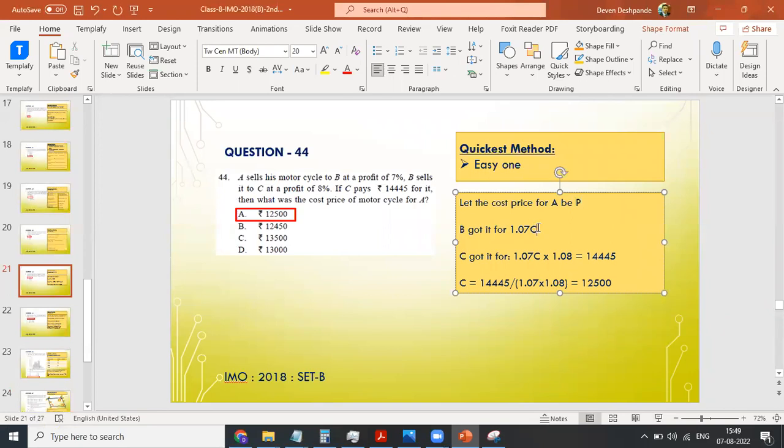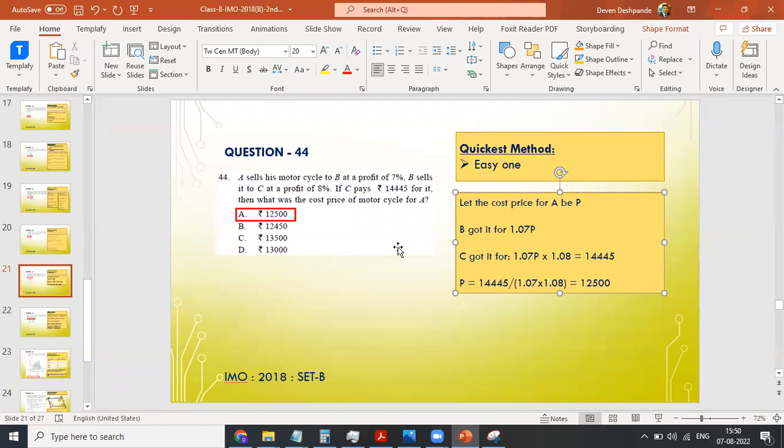And B got it for 1.07P, because A sold it at a profit of 7%, so it is higher. And C got it for 1.07 times P into 1.08, because B sold it for 8% profit. So 1.07 times P into 1.08, which is the selling price for C, which is 14,445. So then what is P?